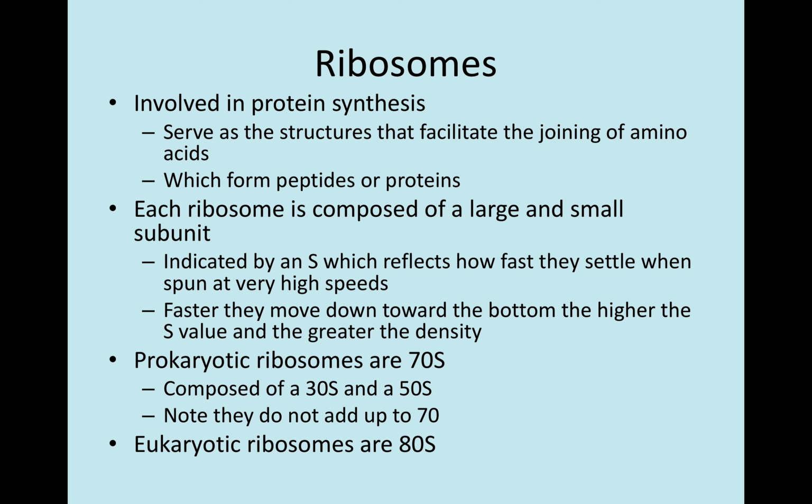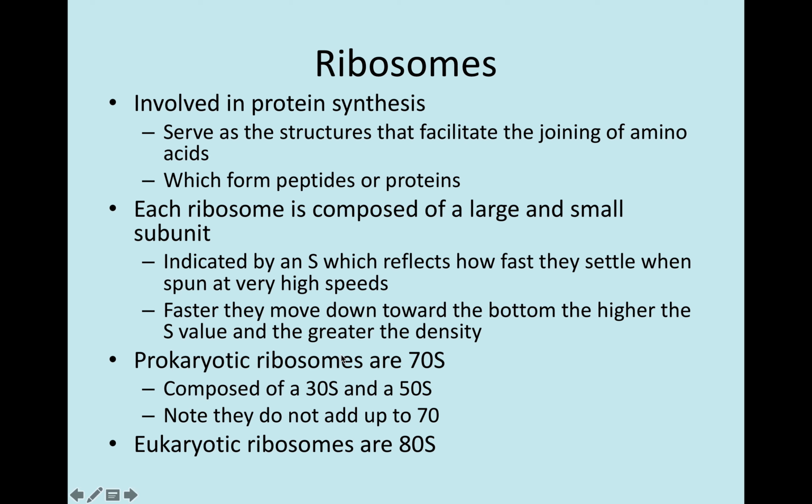Ribosomes are found inside the cytoplasm, and they serve as the site of protein synthesis. Each ribosome is composed of a large subunit and a small subunit, which is indicated by an S. And the S basically indicates the density of the large and small subunits.